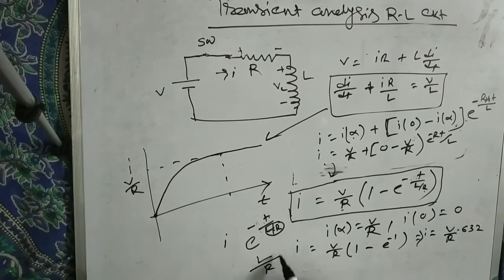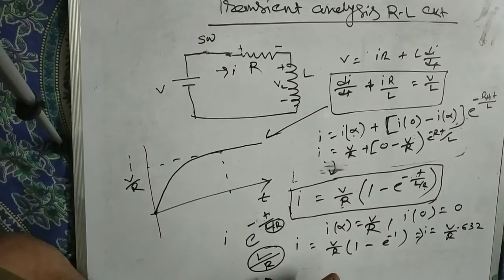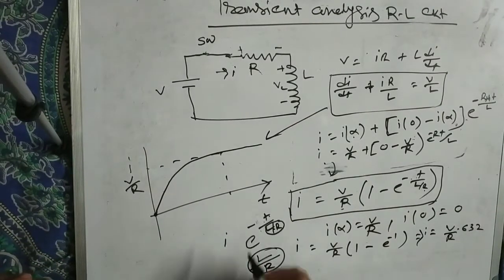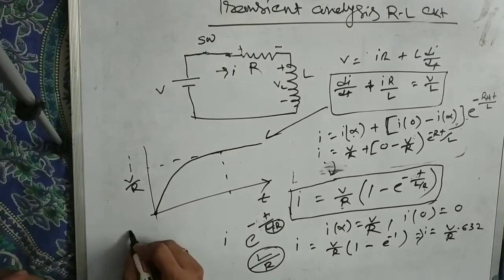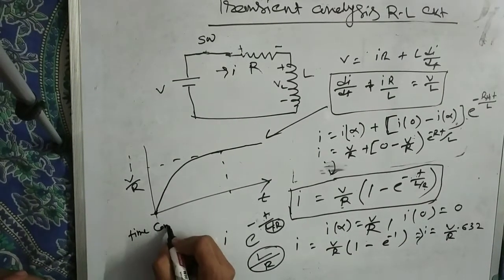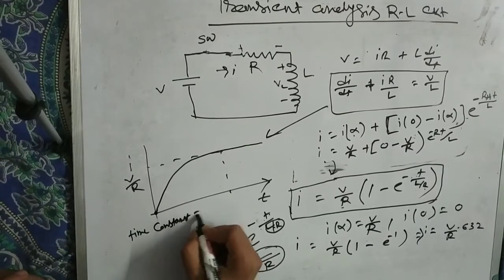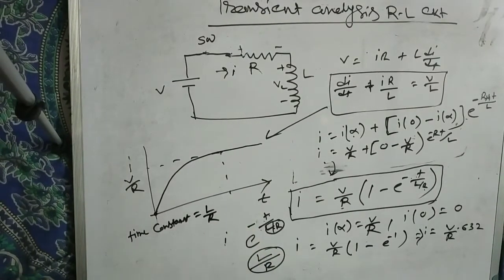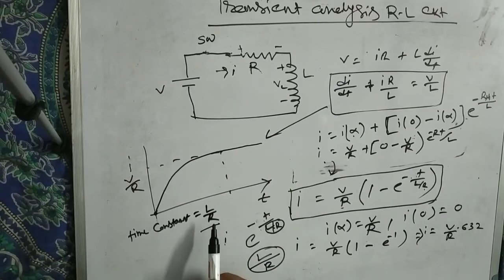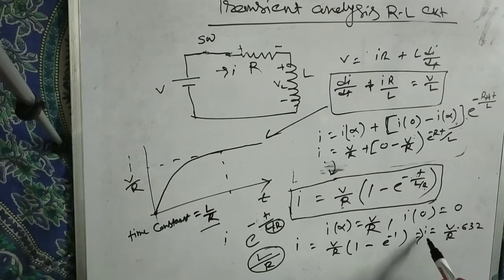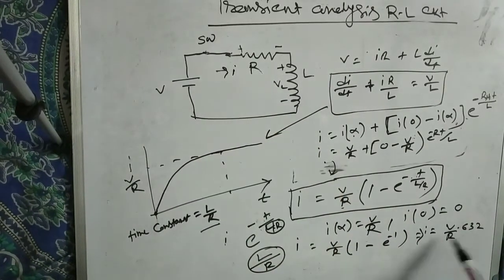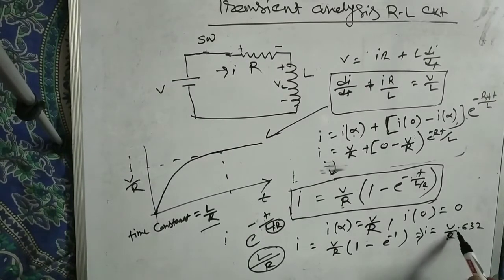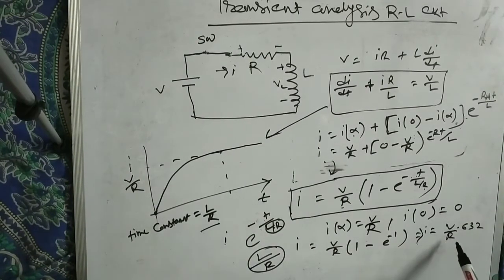This L by R term is called the time constant. You have to remember: time constant in the circuit equals L by R. And the definition of time constant: you can see I equal to V by R into 0.632. V by R is the steady state current in the circuit, and at the time constant time you are getting 63% of the steady state current.